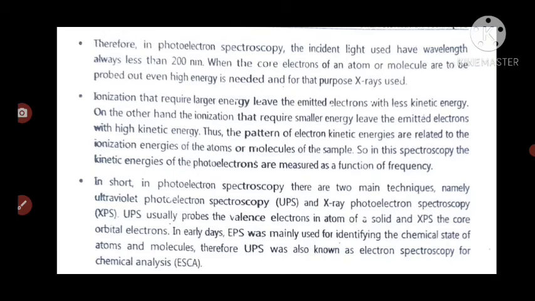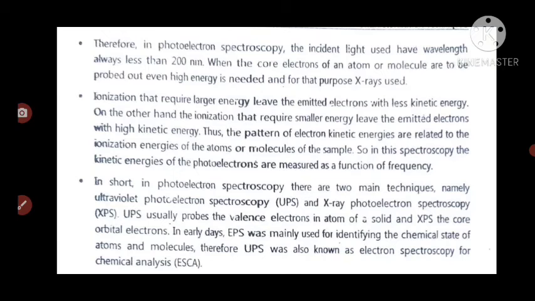UPS usually probes the valence electrons in an atom of a solid, and XPS probes the core electrons.